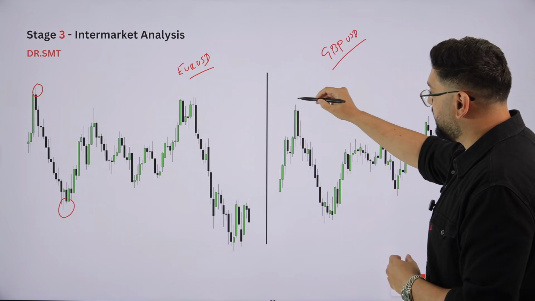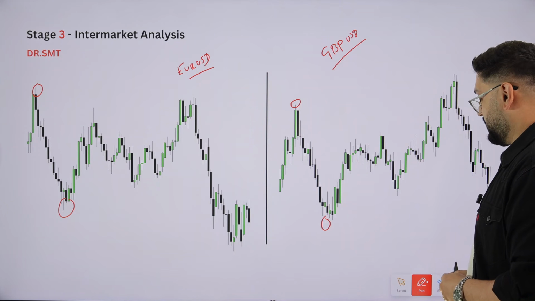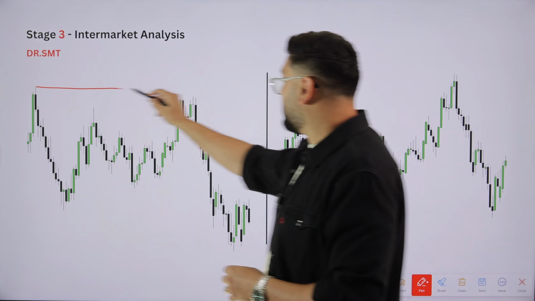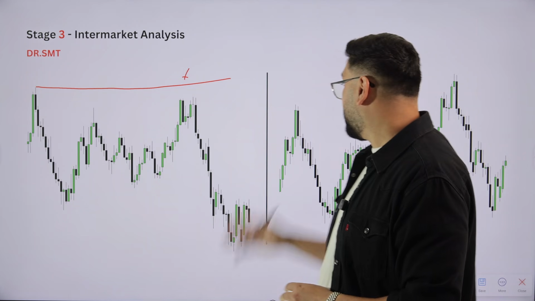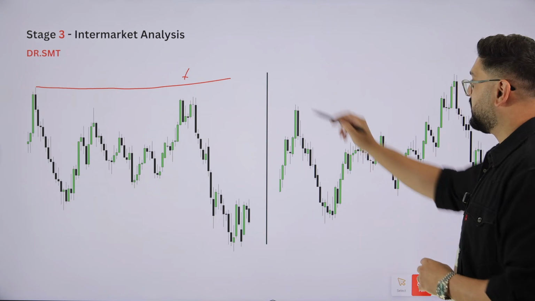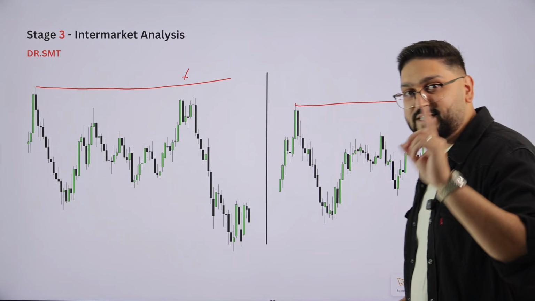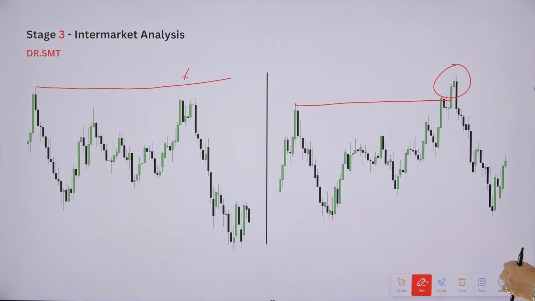And again, we have the dealing range high and the dealing range low. Now, note what happens here on the euro. This high, we fail to sweep above it. But on the pound dollar, we can clearly see that the equivalent high that was created at the equivalent time, which is very important, we can see how we've traded above that high.